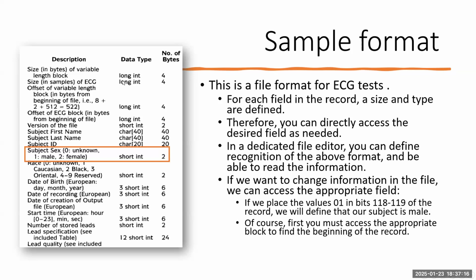In other words, the first 4 bytes of the file are a number indicating the length of this file. And then after the 4, there's 2 bytes, which is the version of the file. The subject first name is 40 bytes long, and that's after 4 and 4 is 16, 17, 18.